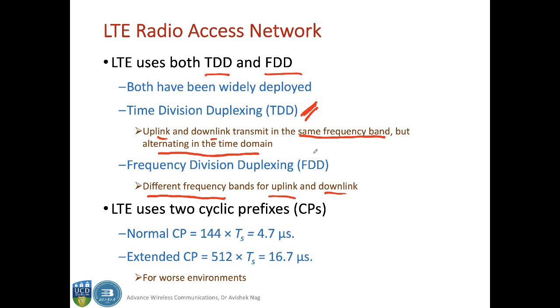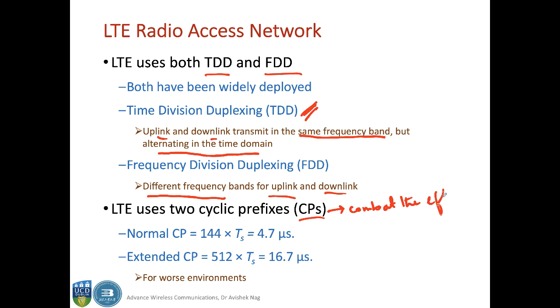And again, since you are using OFDM, there are cyclic prefixes associated with OFDM. Basically, the cyclic prefix is used with one OFDM frame to combat the effect of wireless multipath.